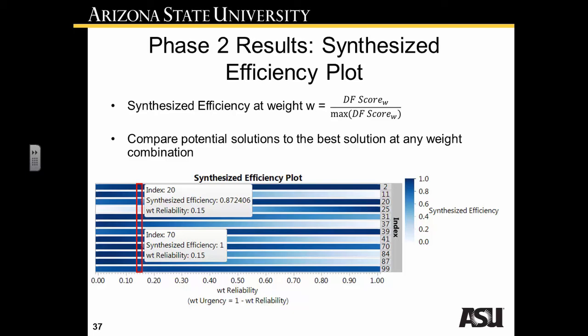So even though it wasn't the top 4 solution at this weight combination, it still is competitive at this weight combination. And you'll note that when reliability was more urgently prioritized, it has very dark blue. It was one of the most critical solutions. So even when urgency is more prioritized, this subpopulation is still a competitive choice.